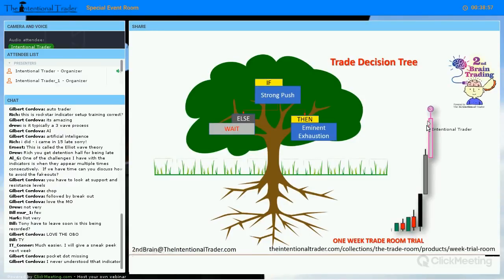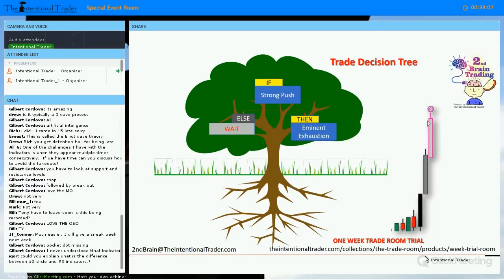So what we're doing here is reading the speed of the orders being processed. Now, why do we do that? We do that because, as I talked about earlier, the market makers have these supercomputers, and they can get orders processed much more quickly than us retail traders can.